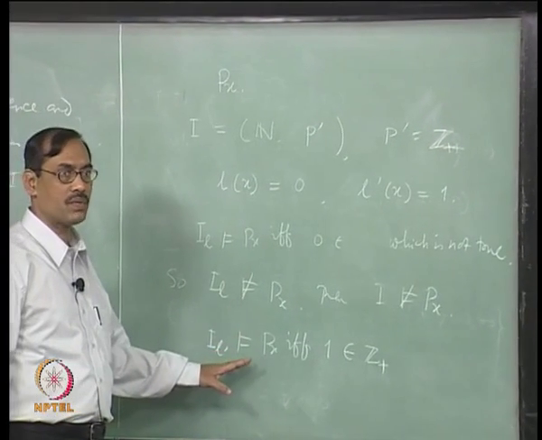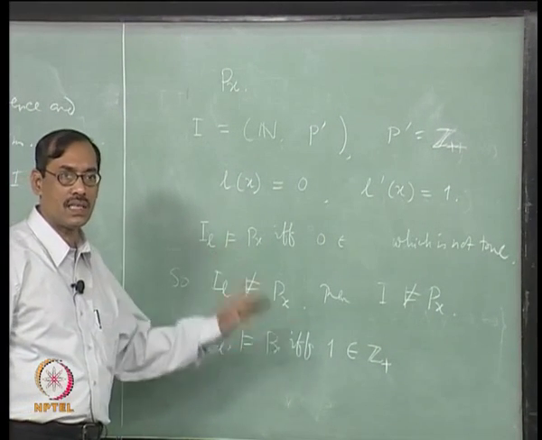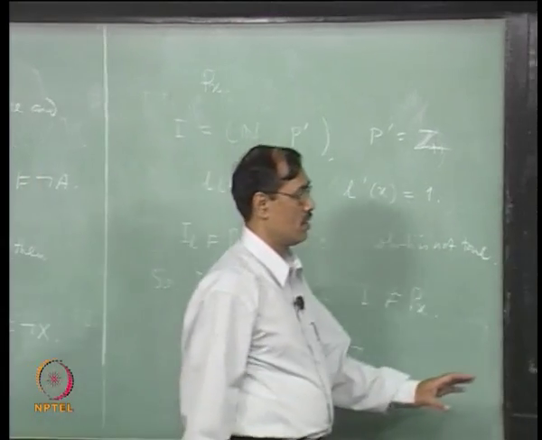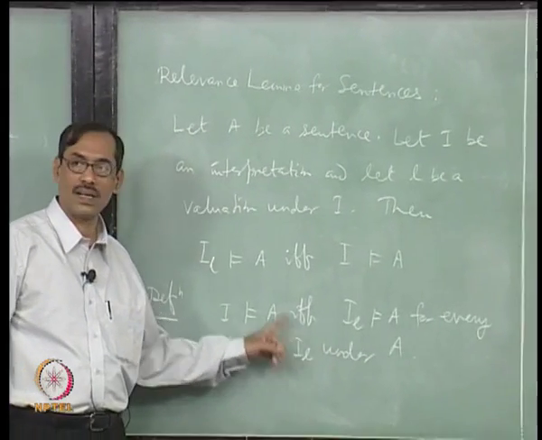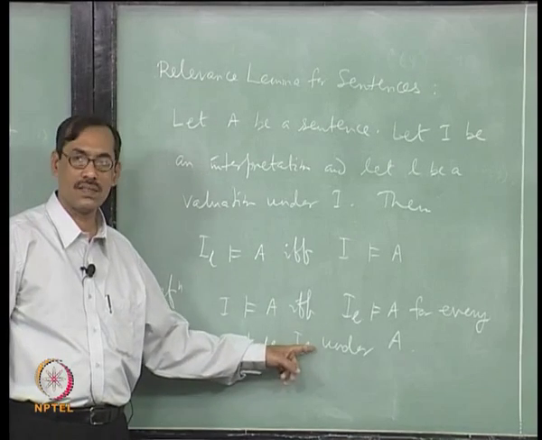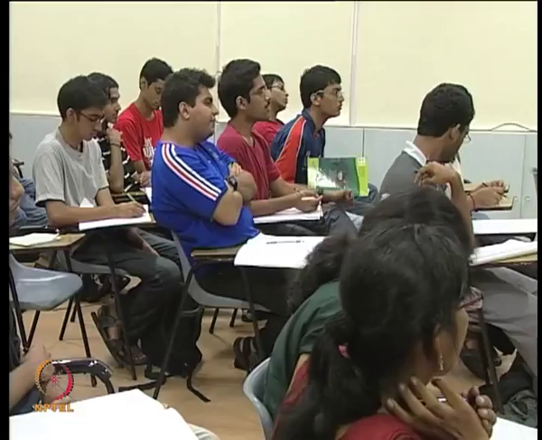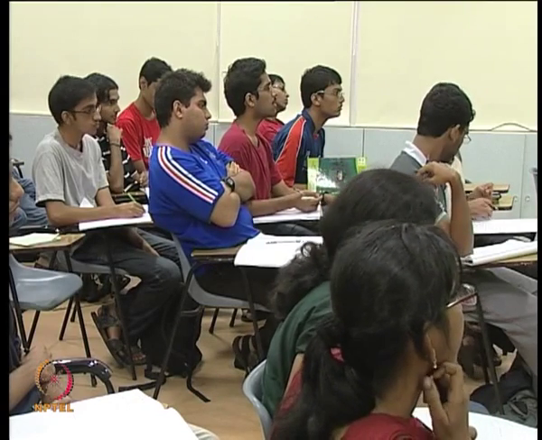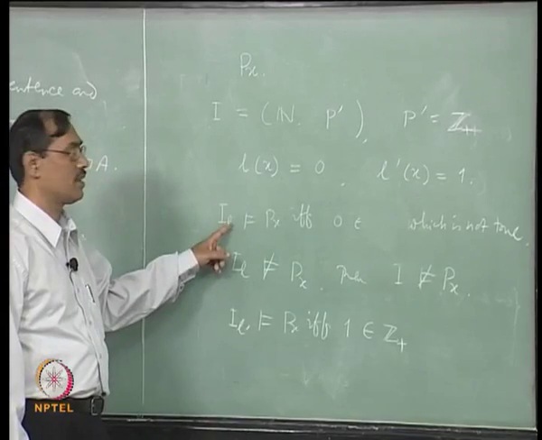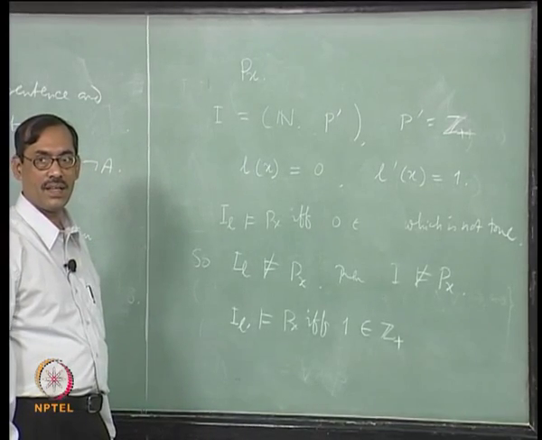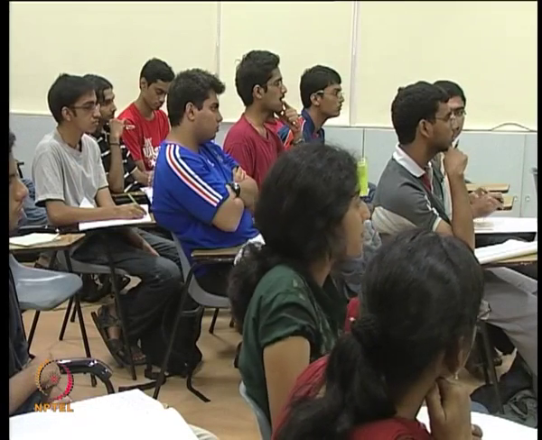See, our aim is to show that I does not satisfy P x. Now, how do we show? At least for one state under I, I L should not satisfy A. We got one state in this example, that is for I L. So, I does not satisfy P x.